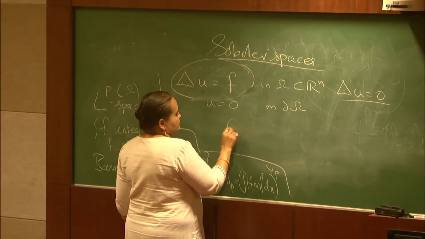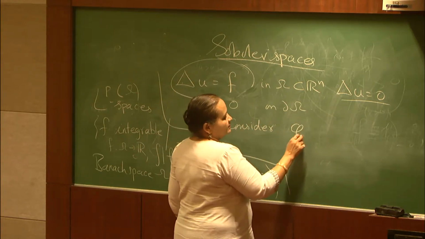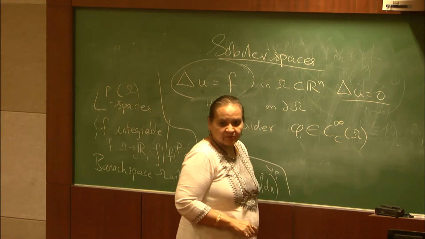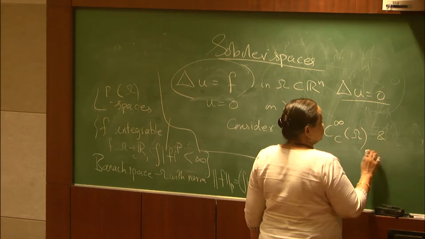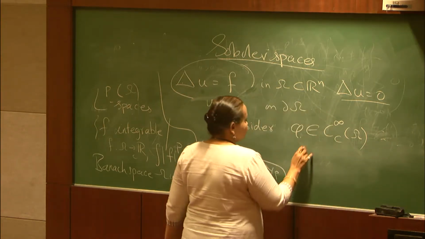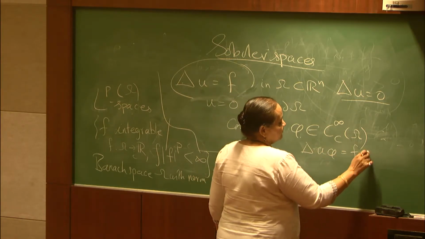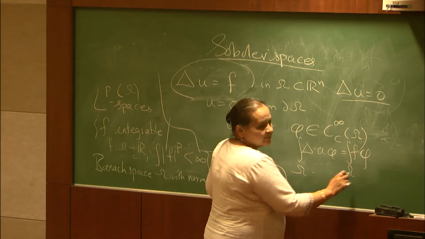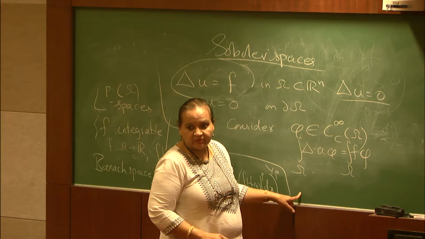I consider a C infinity function phi with compact support, and we take Laplacian u times phi equal to f times phi, multiply both sides by phi and integrate over omega.